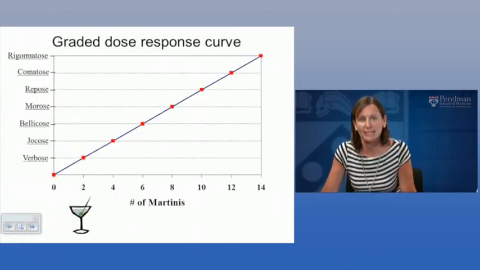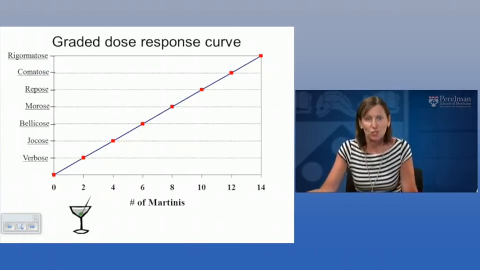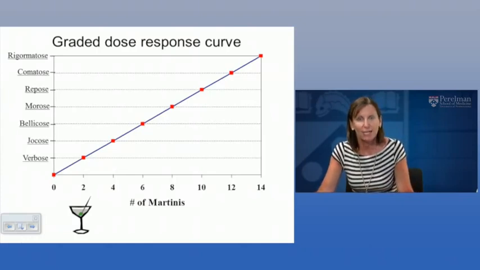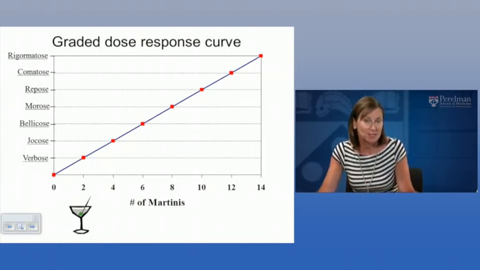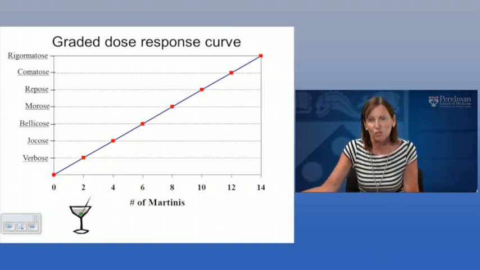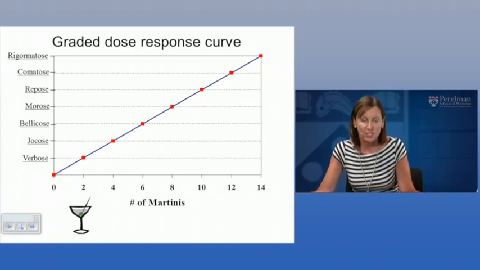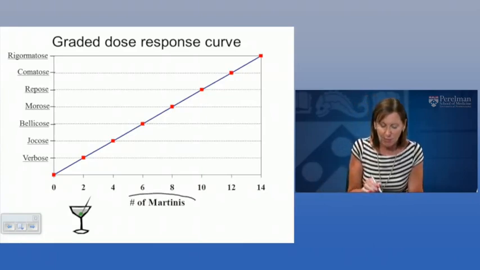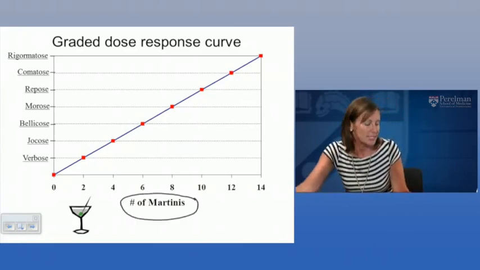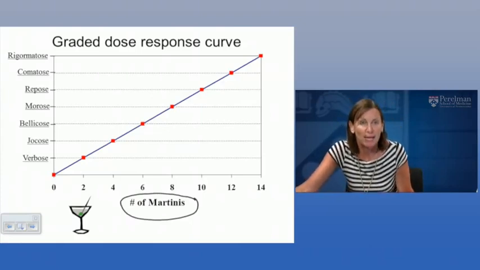So let's just make things a little bit more lighthearted for a moment. And let's use, for an example, a graded dose-response curve in response to doing something that is pretty common socially, which is drinking alcohol. So our fictitious example here on the x-axis is the number of alcoholic beverages, or in this example, martinis, imbibed.